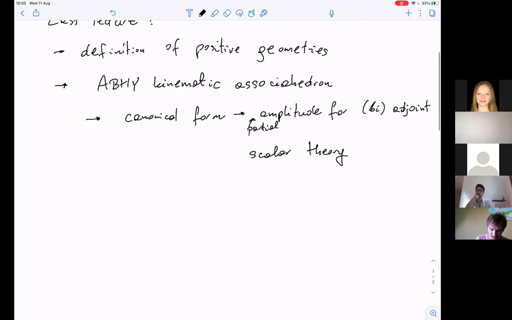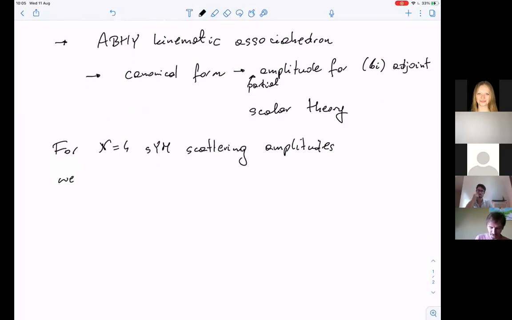So this is exactly what I want to discuss today. For N=4 super Yang-Mills, and I just focus on the planar limit of it in this series of lectures, for N=4 super Yang-Mills scattering amplitudes, we need curvy versions of polytopes.